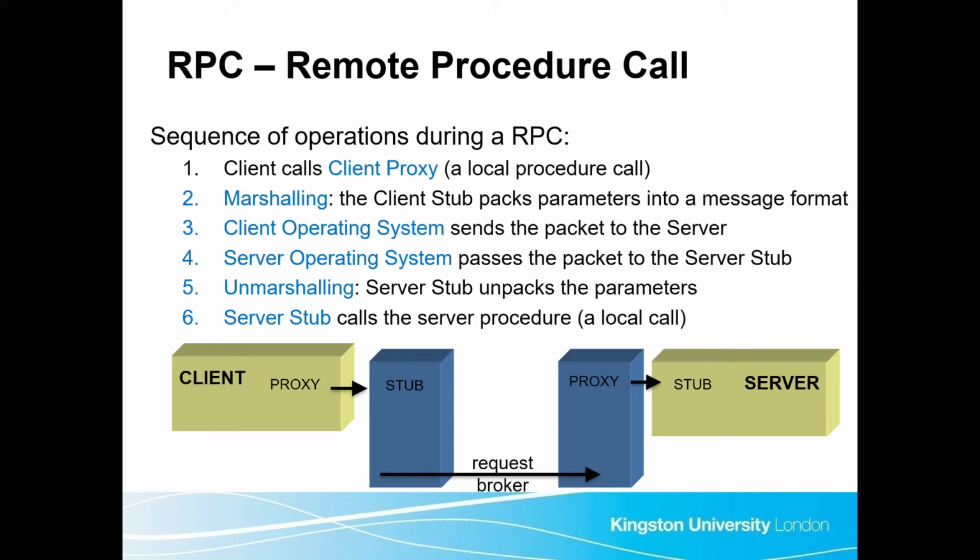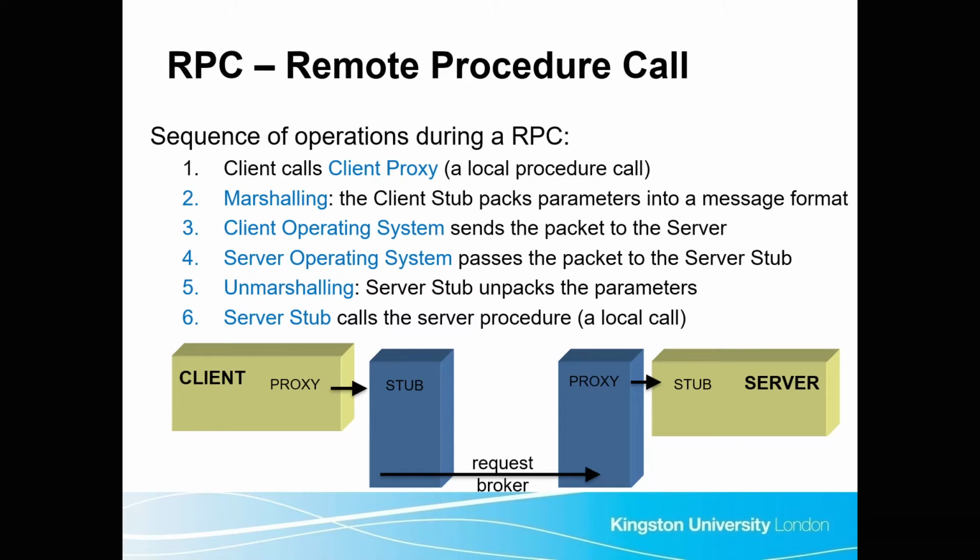An important aspect of RPC marshalling is that the data that is sent to the server side is packed into a package defined in binary format. Then we have the client operating system, which is responsible for sending the package to the server, and the server operating system, which passes the package to the server stub.